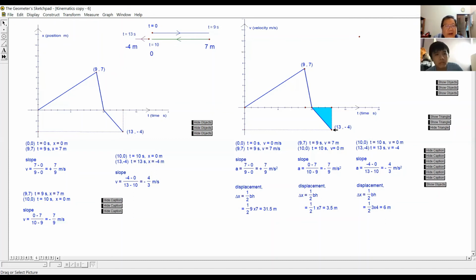What is the height of the triangle? The height of the triangle is -4, right? So you end up with displacement of -6. So the difference in displacement is -6, right?